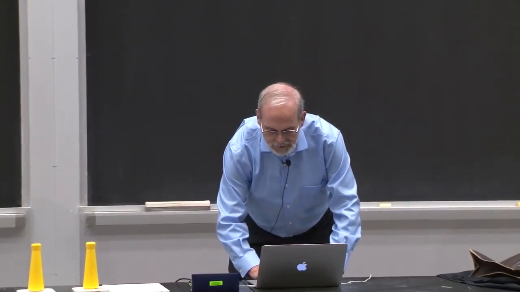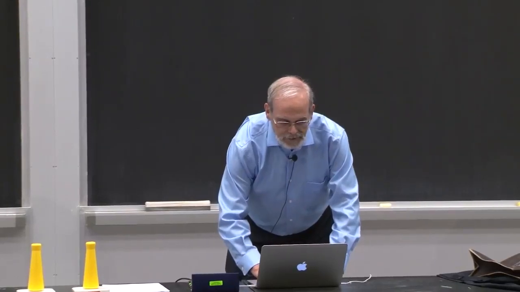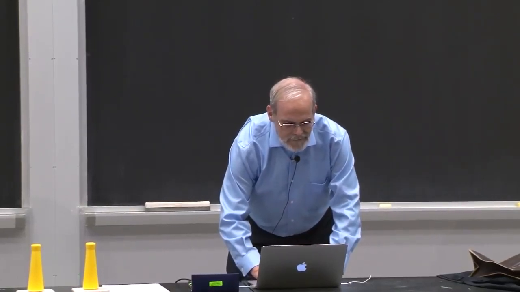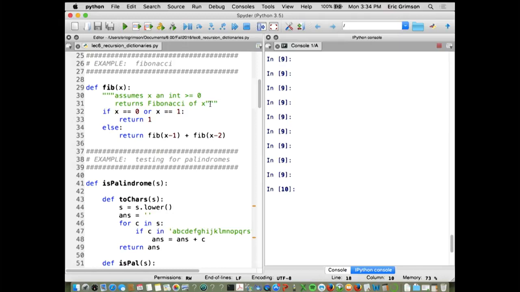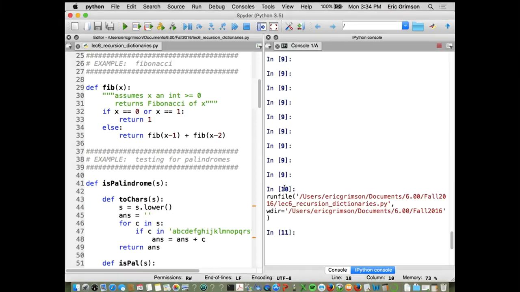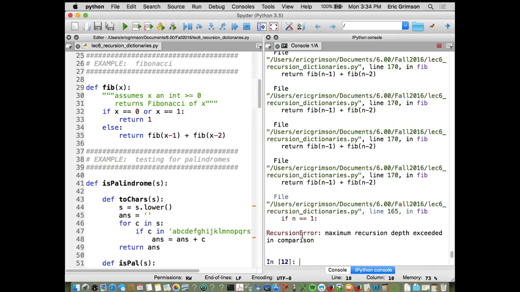If I can find my code, which is right there. And I'm just going to, so we can, for example, check it by saying fib of 0. I just hit a bug, which I don't see.